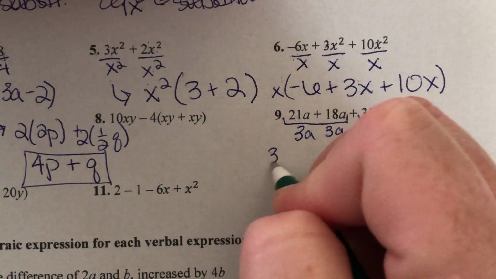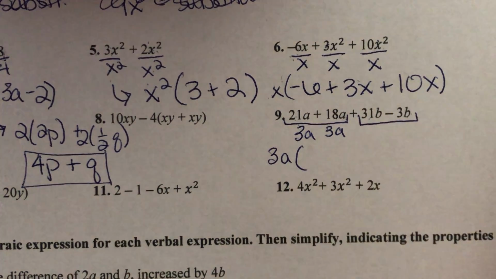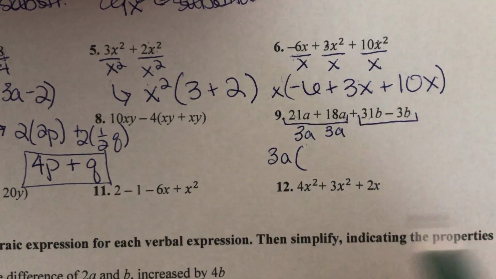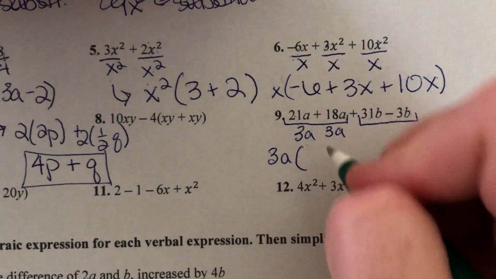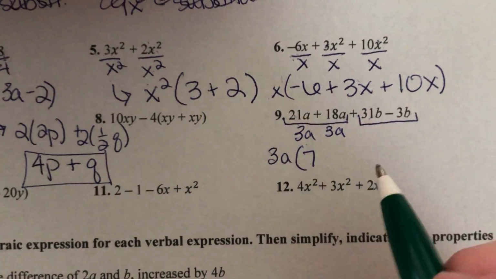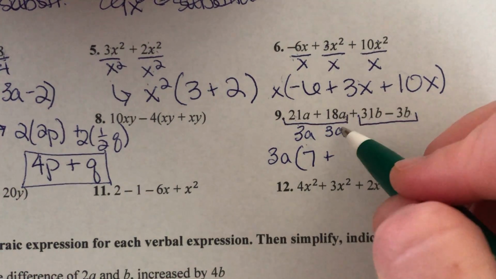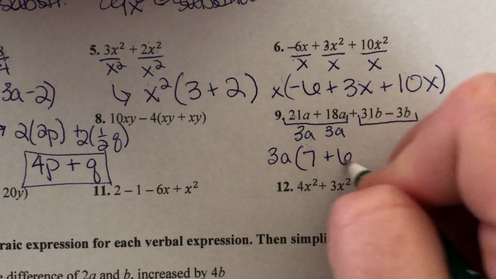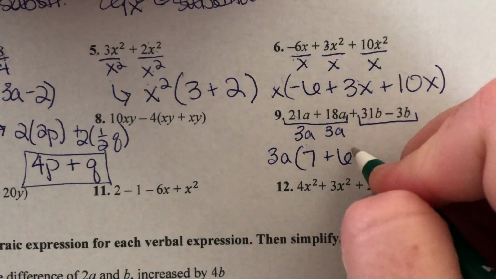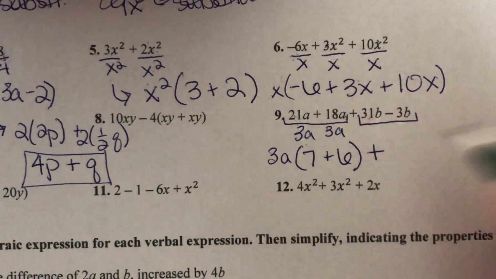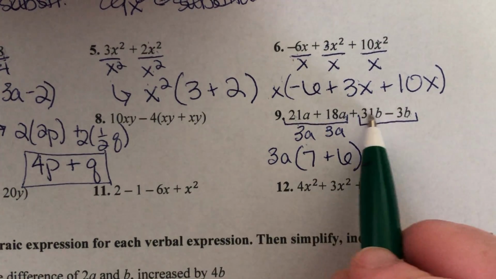So I'm going to write that 3A in front, and then everything after I divide will go inside parentheses. 21 divided by 3 is 7. A divided by A, they just cancel out. Plus 18A divided by 3A is 6, and then the A's cancel out. Plus, and then what can I divide both of these guys by?